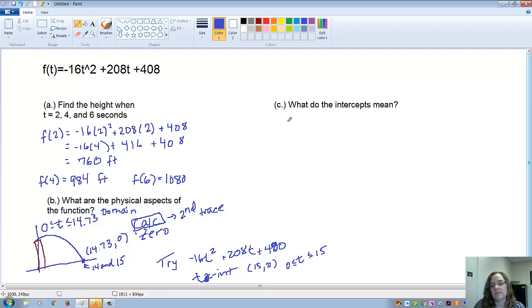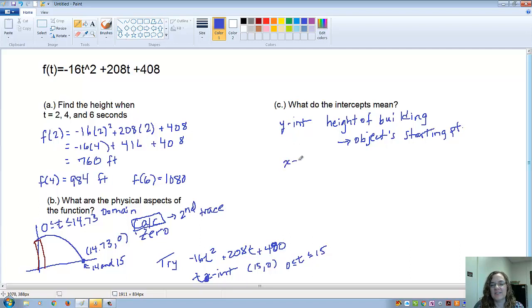The intercepts, well, you can see it from the graph here, but the y-intercept is the height of the building. And if we have the height of the building, it's kind of the starting point of the object. I'll just put starting point.